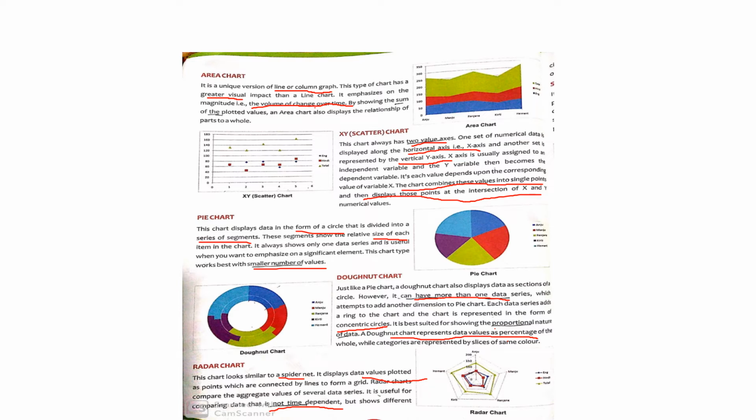the area chart. Next is the XY chart, or you can say it is the scatter chart, which is one of the other names of this chart. This chart combines the values into single points and then displays those points at the intersection of x and y numerical values.